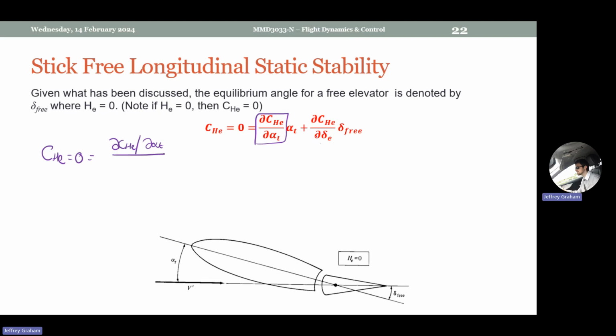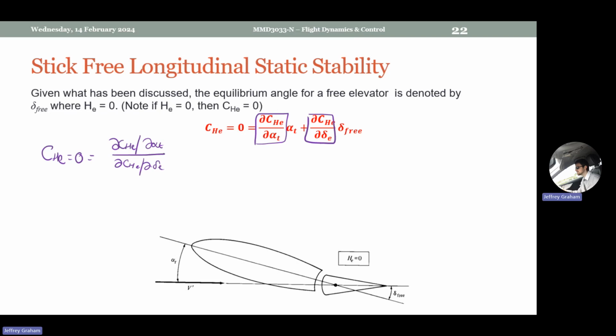Right, and divide through by this bit, which is the elevator hinge moment based on the elevator deflection angle. In that format, it's a little bit easier to see.